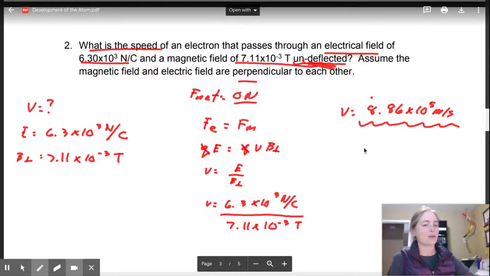Give that a shot and see why newtons per coulomb divided by Tesla is going to give you meters per second. Okay, challenge accepted.